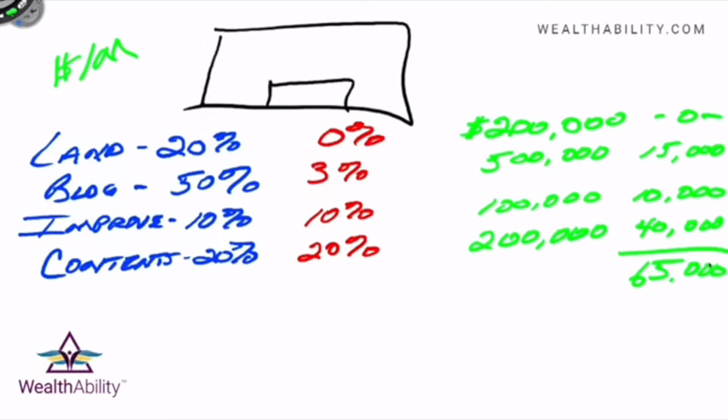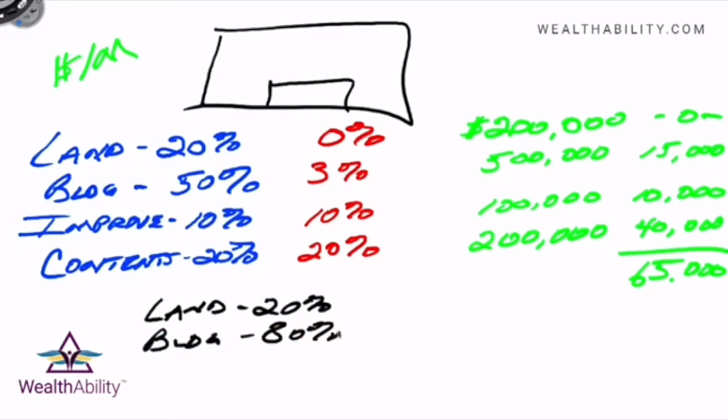Now, what if I'd not done a cost segregation and I had land at 20% and building at 80%? Well, now my land would have been 0, right?